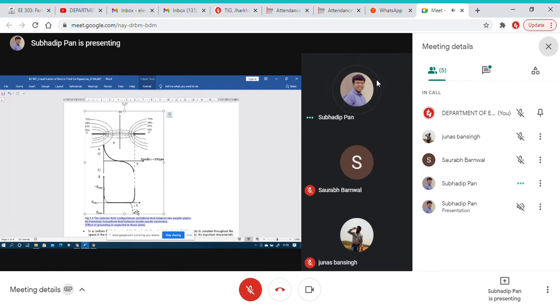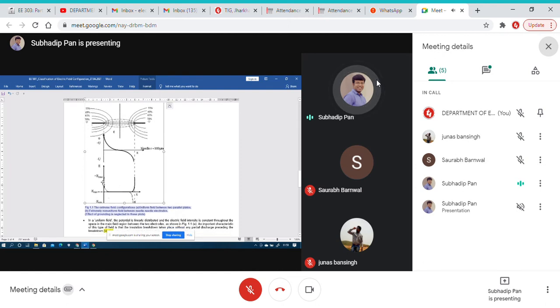So in this, E max is what I defined in the previous lecture. How is E defined? U is nothing but the work done by the external sources in moving a unit positive charge from one point to another point.